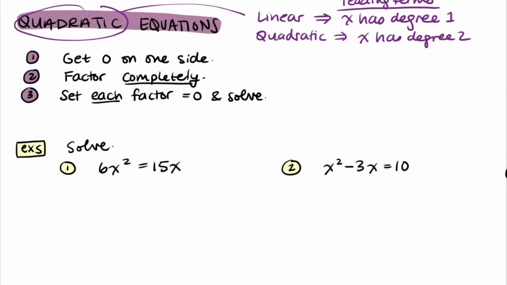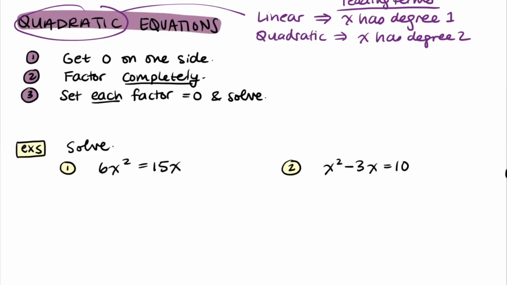And then what that will do is give us multiple things that are multiplied together to give us 0. And that's important because if you multiply two or more things together and you get a 0 out, the only way that that can happen is if one of those things you multiplied is 0 itself. So what we do then is we set each of the factors equal to 0, and you solve those for x.